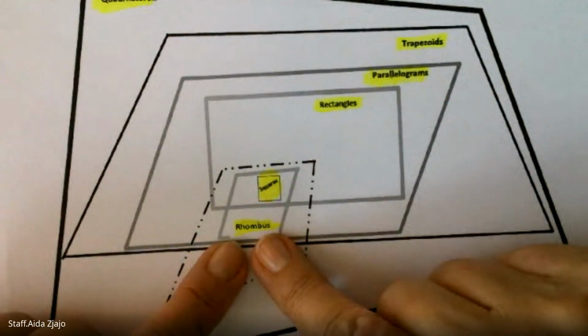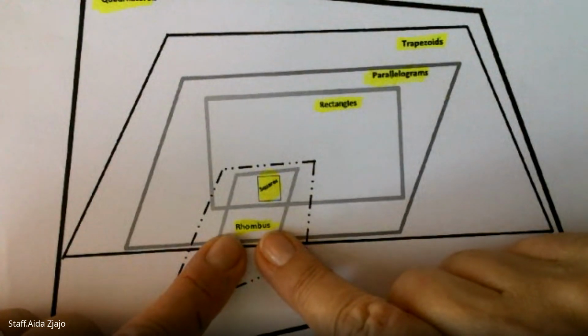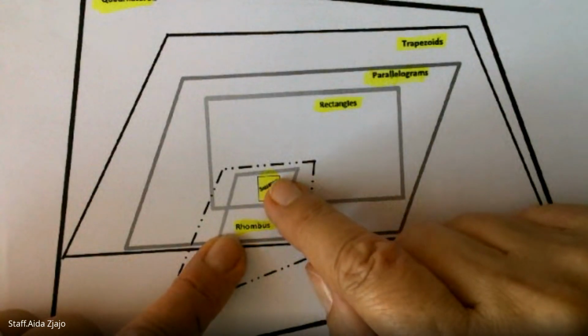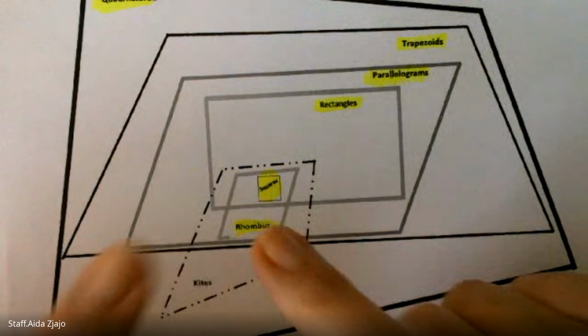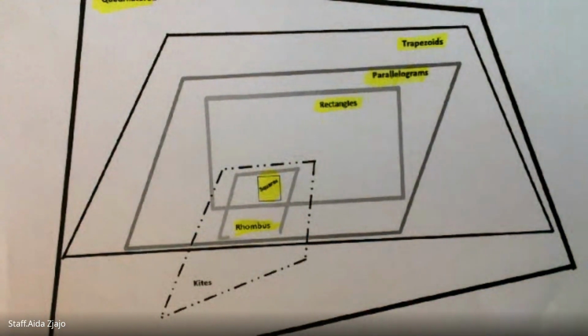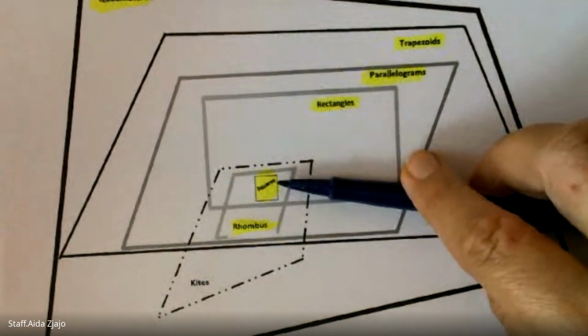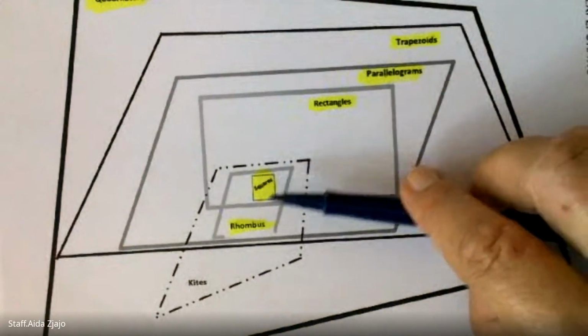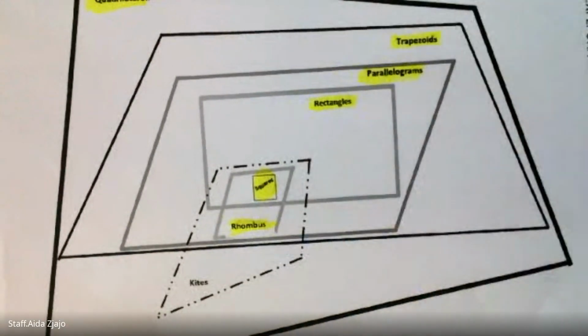You have to have opposite angles congruent, which a square has. But a rhombus could have two obtuse and two acute angles, while a square has all four right angles. That's why a rhombus cannot be a square, but a square can be a rhombus.